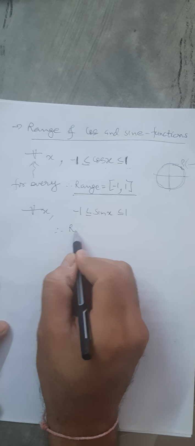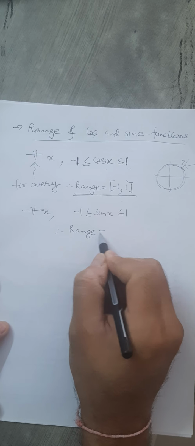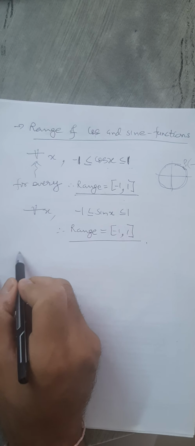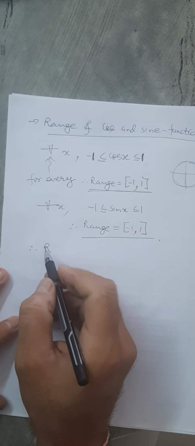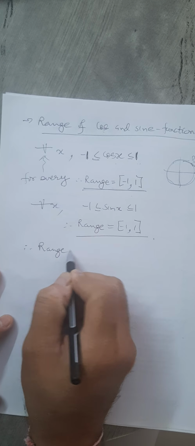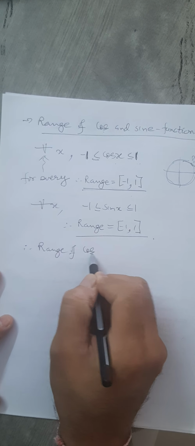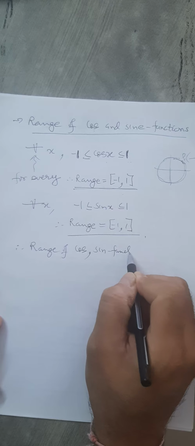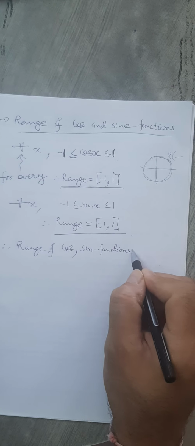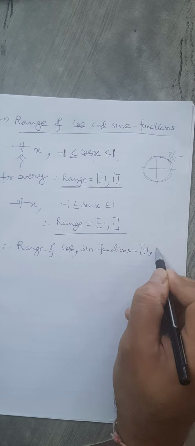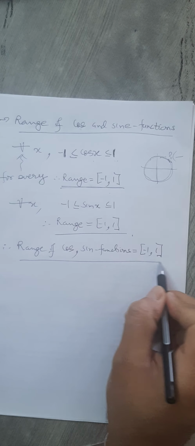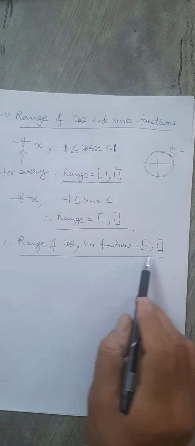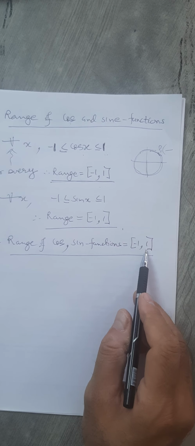So therefore we say that the range of sine function is also the closed interval -1 to 1. So range of cos and sine functions, both functions, equals the closed interval -1 to 1.